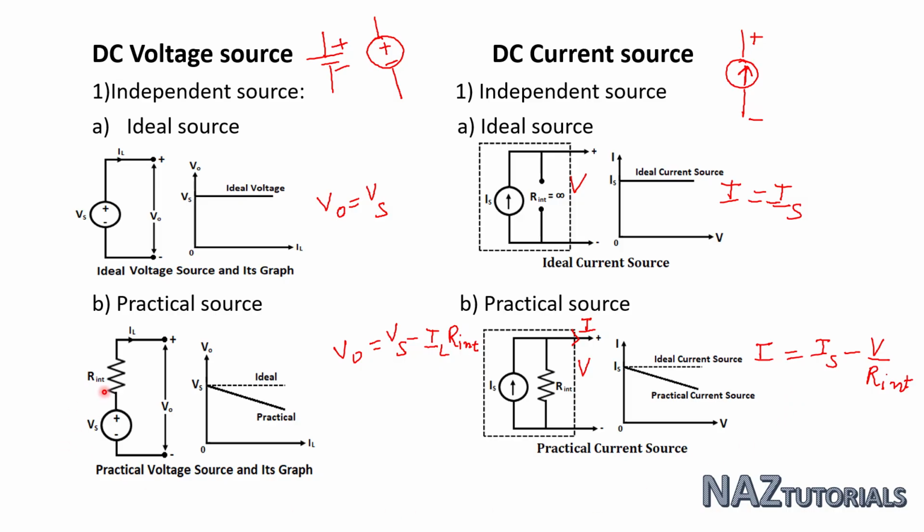So you can see for a voltage source the internal resistance is in series, and for a current source the internal resistance is in parallel. So if you compare ideal and practical sources, if you compare the ideal voltage source and the practical voltage source, you can derive that the ideal voltage source has internal resistance 0, and if you compare ideal and practical current sources, you can derive that the ideal current source has infinite resistance.